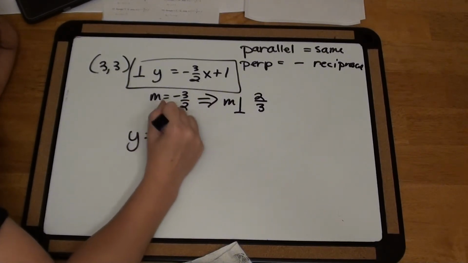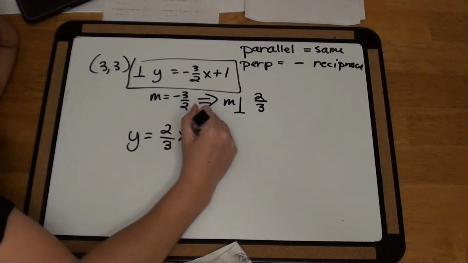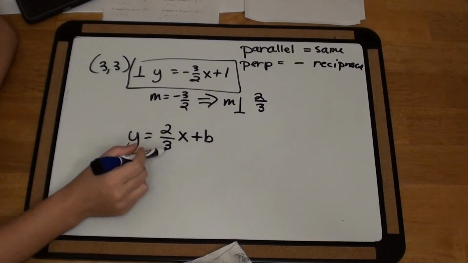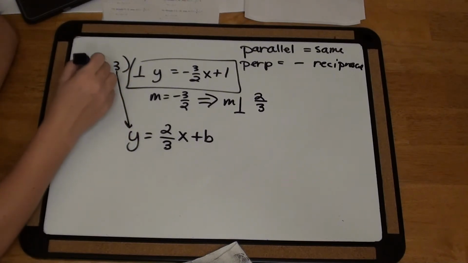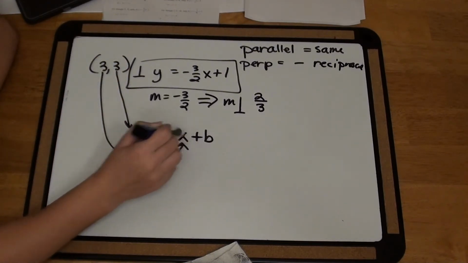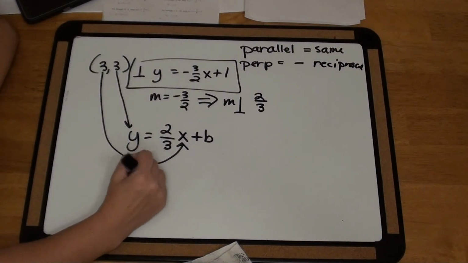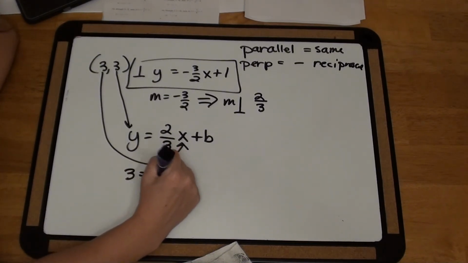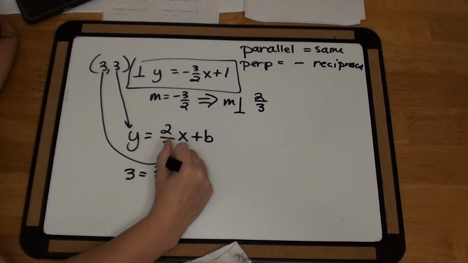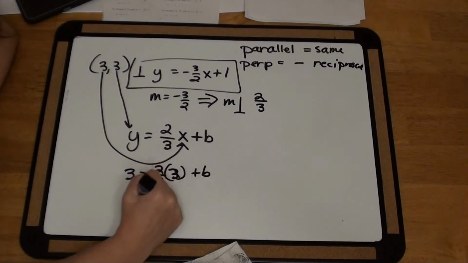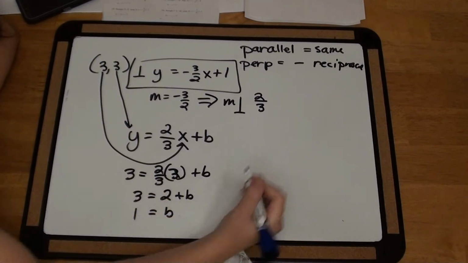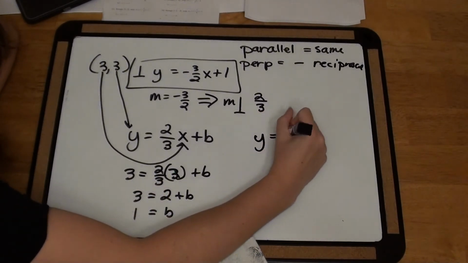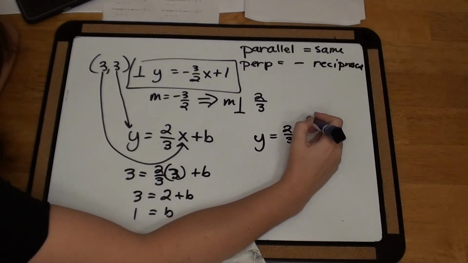So I get y equals 2/3 x plus b, and how I figure this out from here is I take my y value and put it in for my y, I take my x value and put it in for my x, and I solve for b. So I get 3 equals 2/3 times 3 plus b. 3 equals 2 plus b. b equals 1.